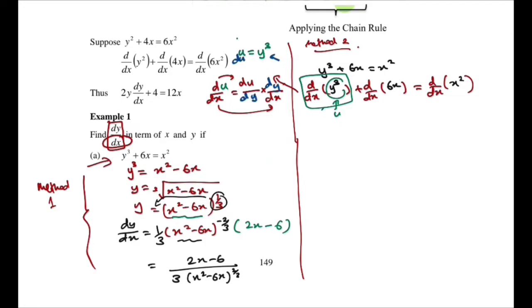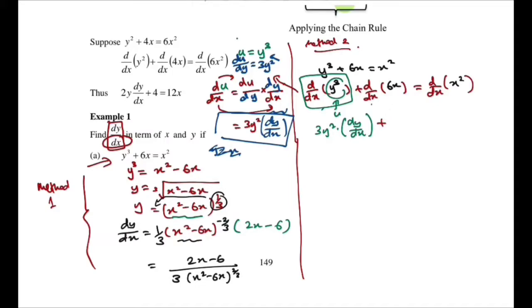Next, we can differentiate u in terms of y. So du over dy is just 3y squared. After that, you can replace in your formula: du over dy is 3y squared multiplied with dy over dx. Since we don't know what dy over dx is, because there is no y in terms of x, our final answer for d over dx of y cubed is just 3y squared times dy over dx.